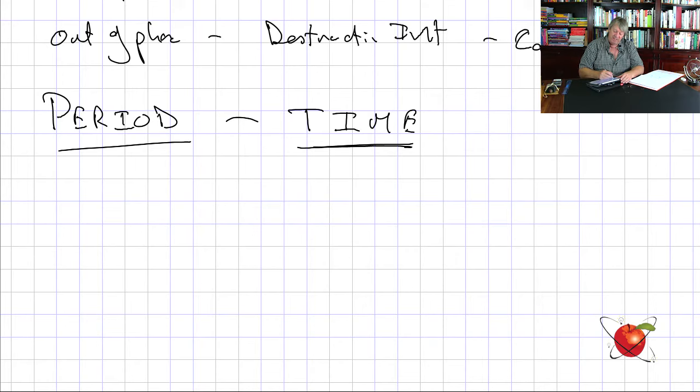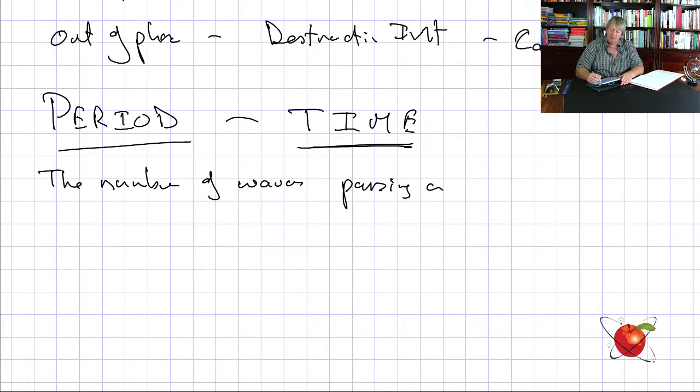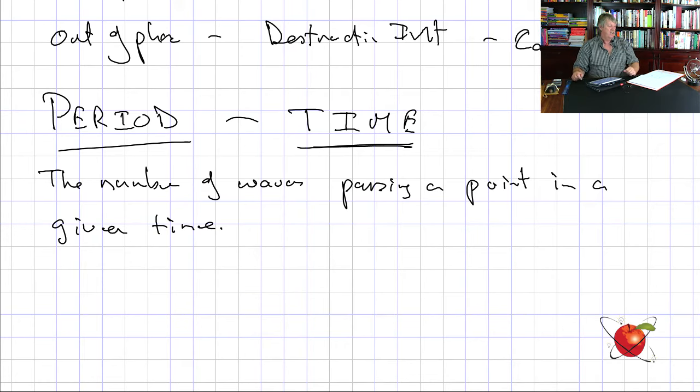The period is the number of waves passing a point in a given time. Okay, it's obviously the number of waves passing a fixed point in a given period of time.